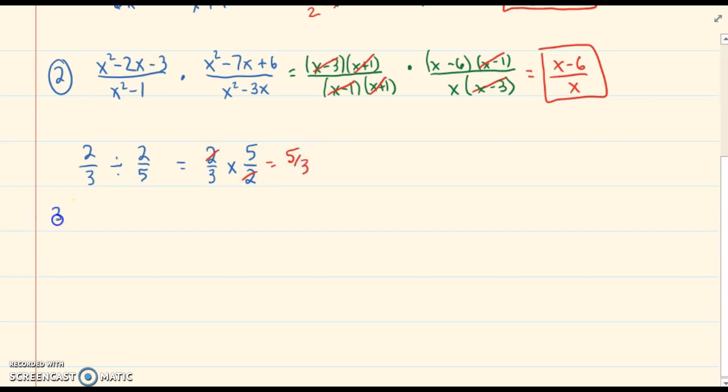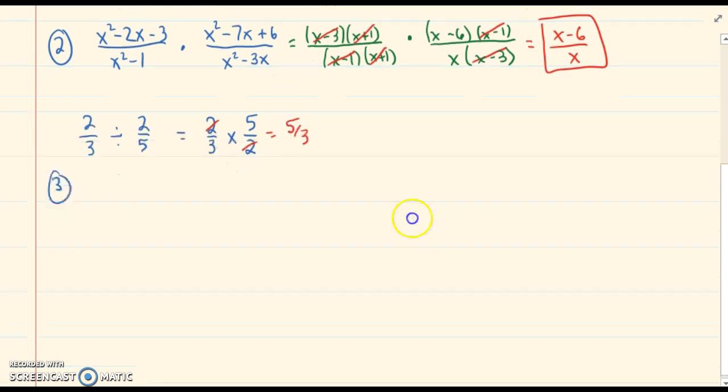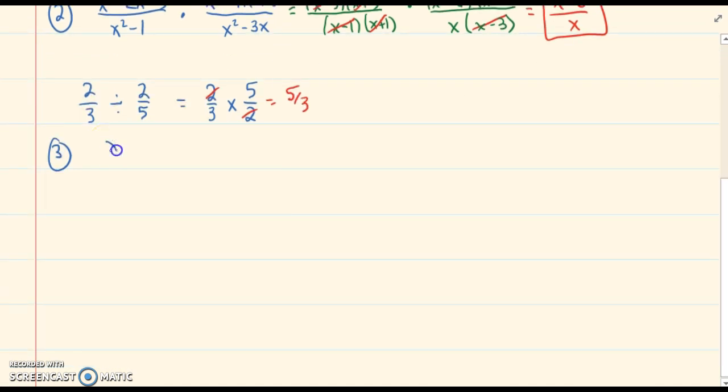What does this have to do with rational functions? Well, we're going to have problems that look like this. x plus 2 over x plus 4 all over x squared plus 6x plus 8 over x squared minus 16. And I swear I'm done with adding more fractions in this problem. But the problem that you're going to see here is that we have a fraction within a fraction.